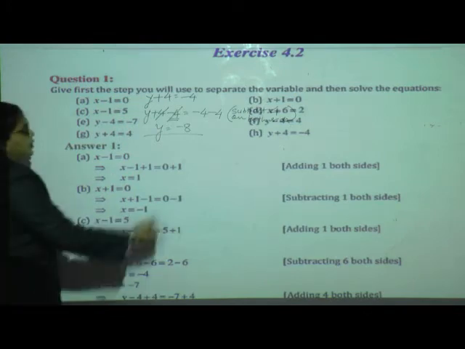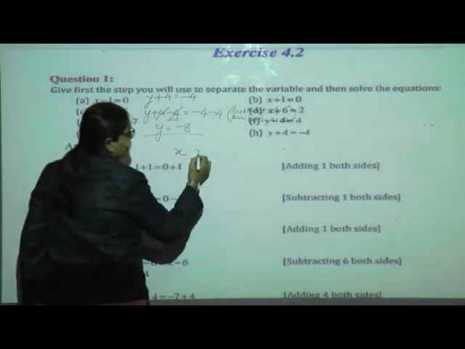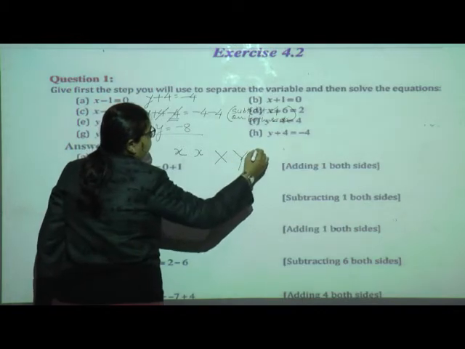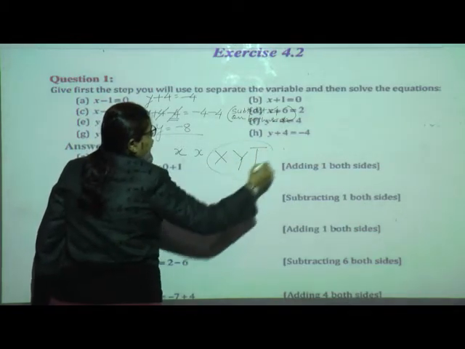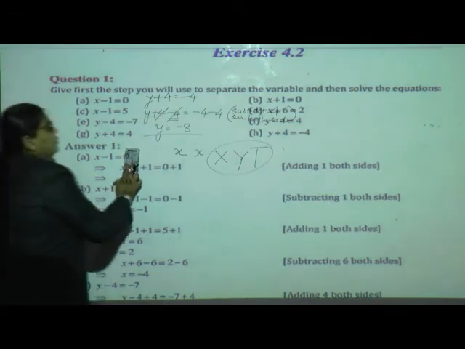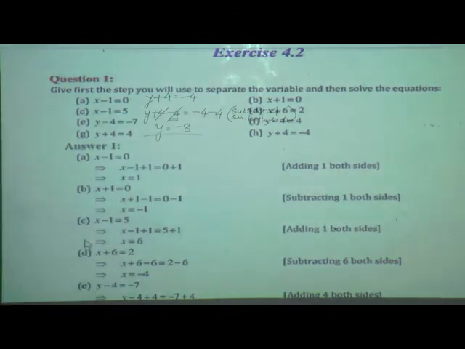And my dear student, I am writing x. If you don't know, you can write the x in this way, but don't write any capital alphabet. This is not allowed in an algebraic form. You have to learn and always write in cursive.